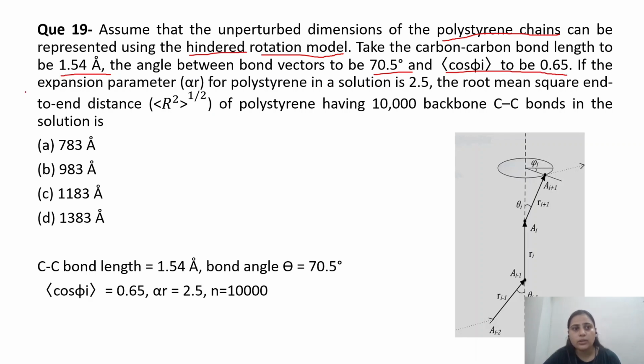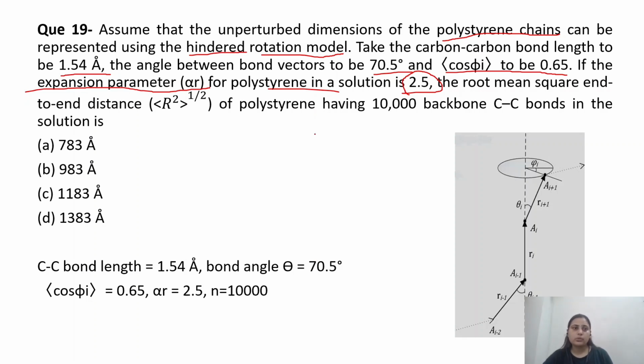Now the expansion parameter is given, which is for the polymer when the polystyrene chain is mixed in a solution, it will expand. Its expansion factor is 2.5, as we already discussed that it is a good solvent, that's why it is expanding.